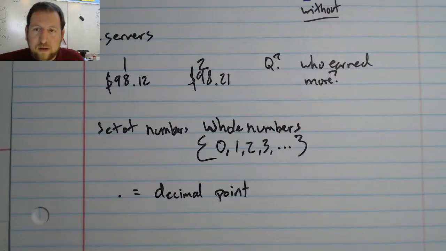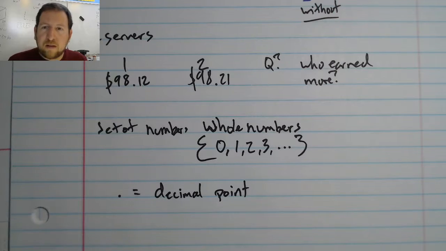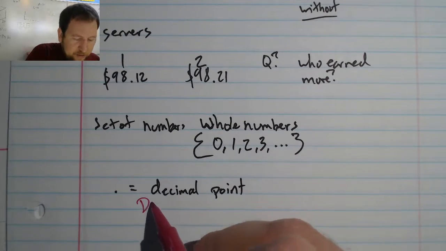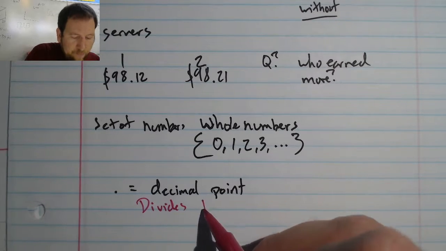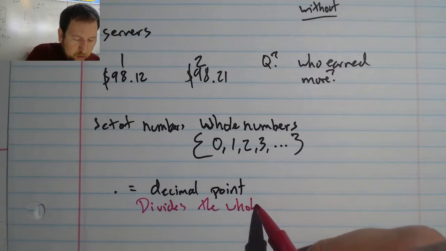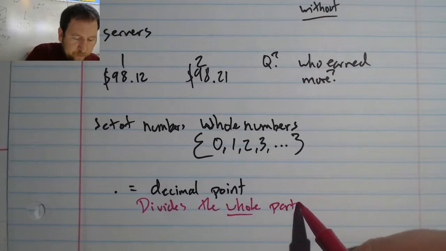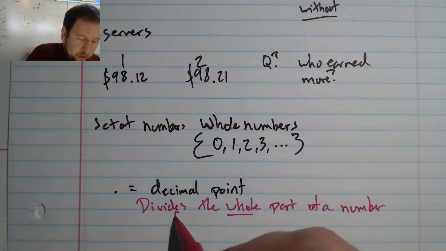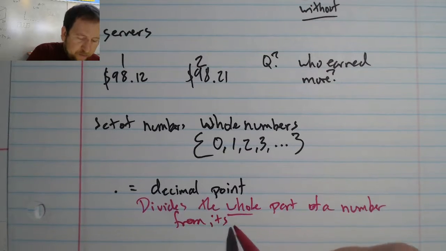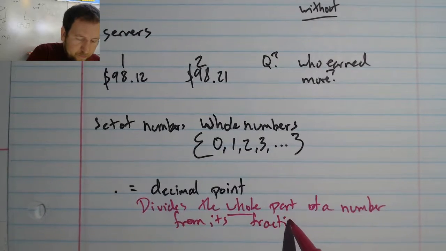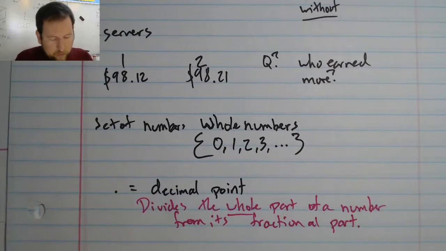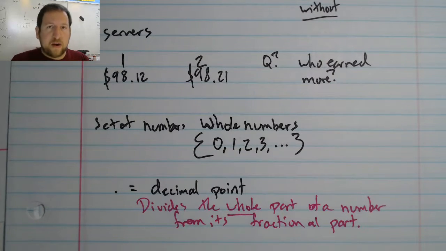And our decimal point divides the whole part of a number from its fractional part. And this is what we're going to be using to compare these two numbers from earlier.